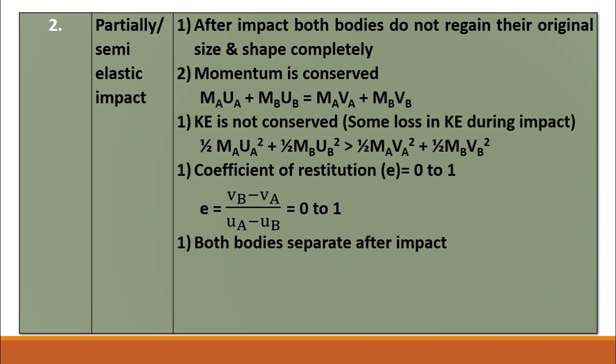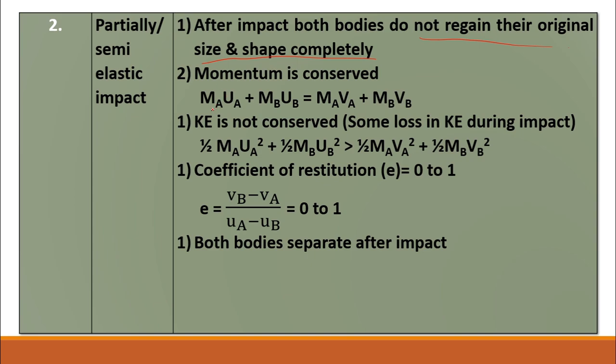The second type of impact is partially elastic, or semi-elastic, or we can also say semi-plastic impact. After impact, as the bodies are semi-elastic or semi-plastic, they will not regain their original size and shape completely. They will regain their size and shape only partially.